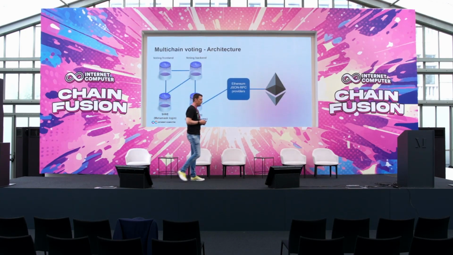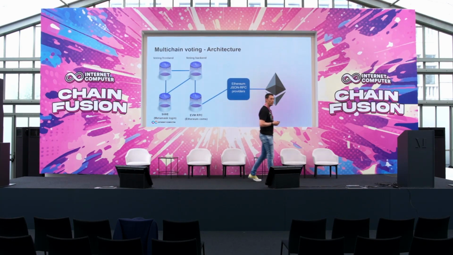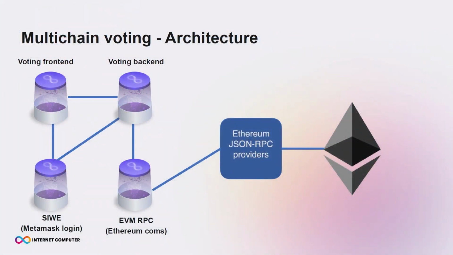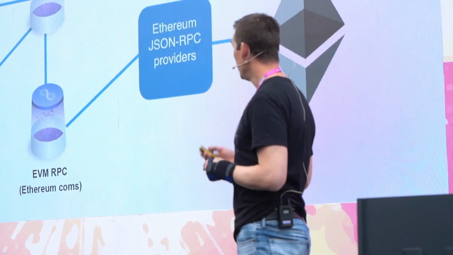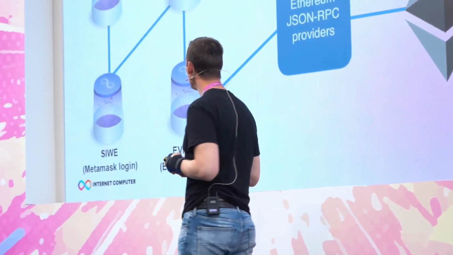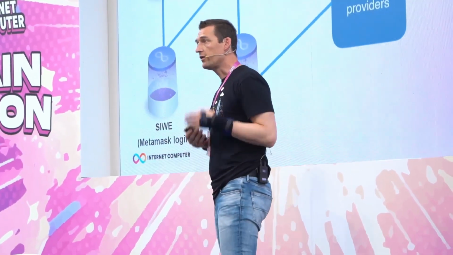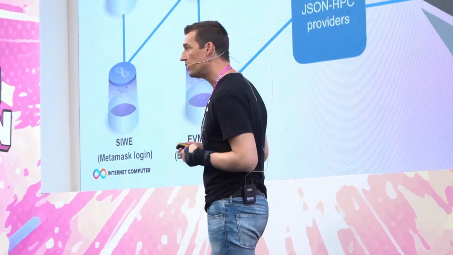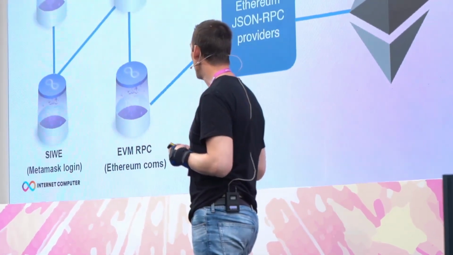Yeah, so here's a quick overview on how that actually works in terms of the different smart contracts that you need for realizing that little project. So there's a front end hosted on the Internet Computer, and also a voting backend that collects the tallies and also terminates proposals once they are done.